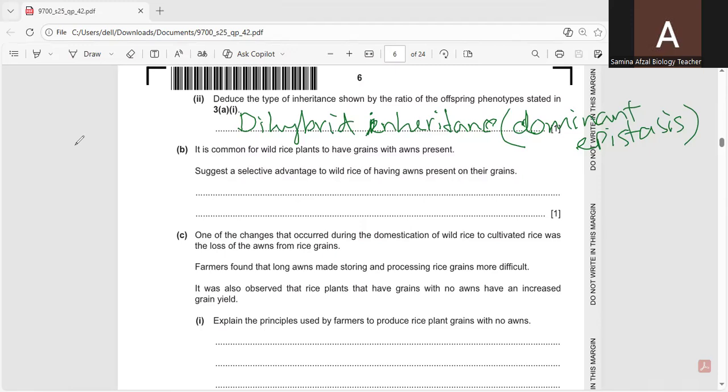Now, it is common for wild rice plants to have grains with awns present. Suggest a selective advantage to wild rice of having awns present on their grains. So the awns are long needle-like projections on the grain. That is the way of protection.